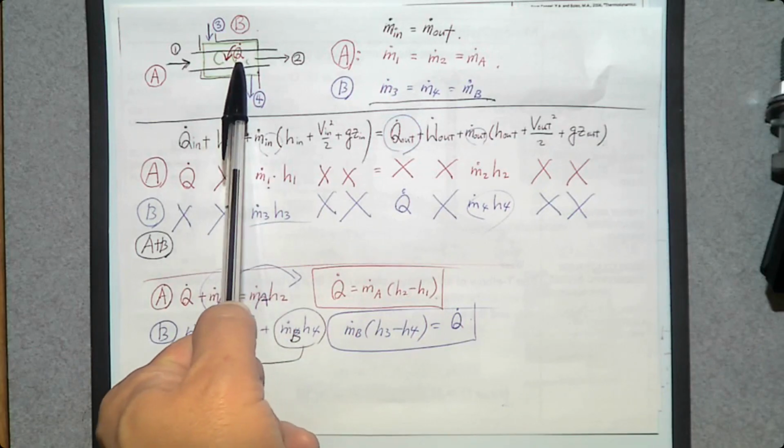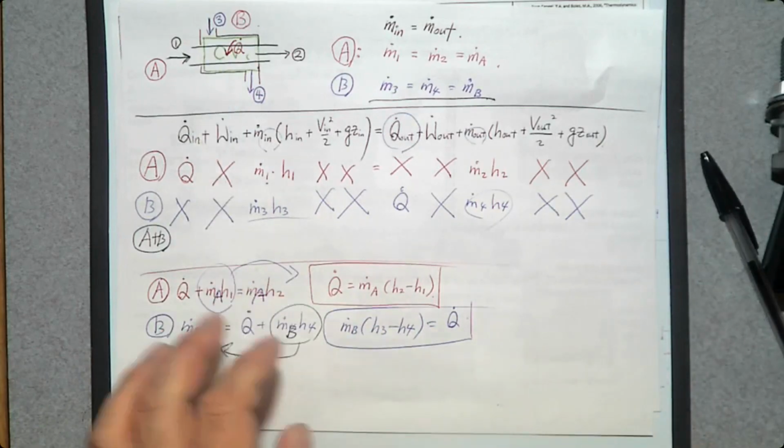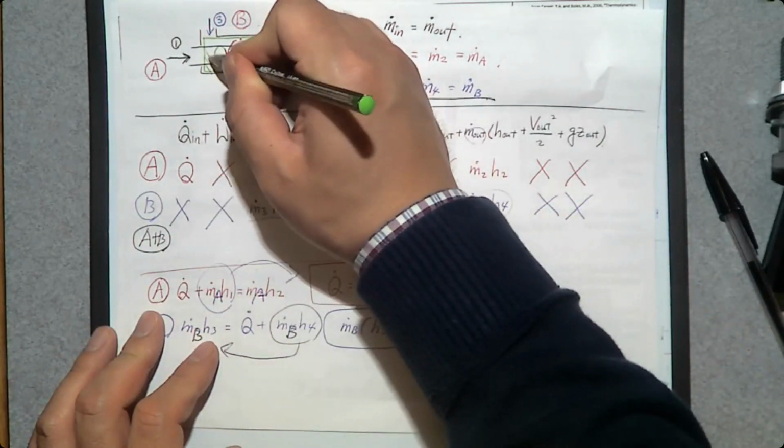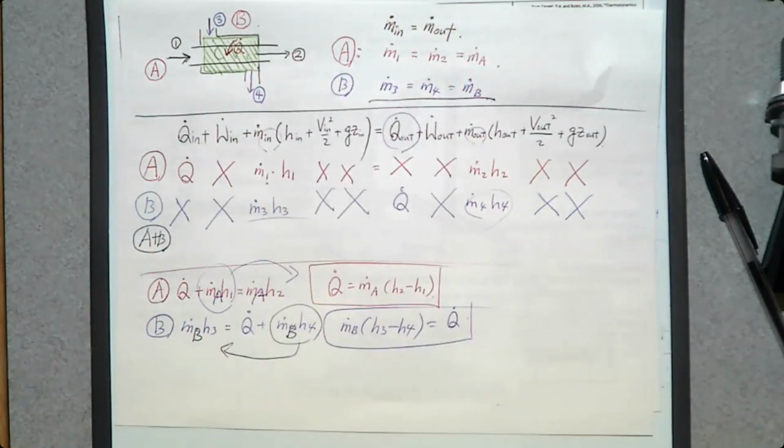This green is our control volume this time. We are considering both of them as our system. So is this Q dot incoming or outgoing? None of them. That's what happens inside.